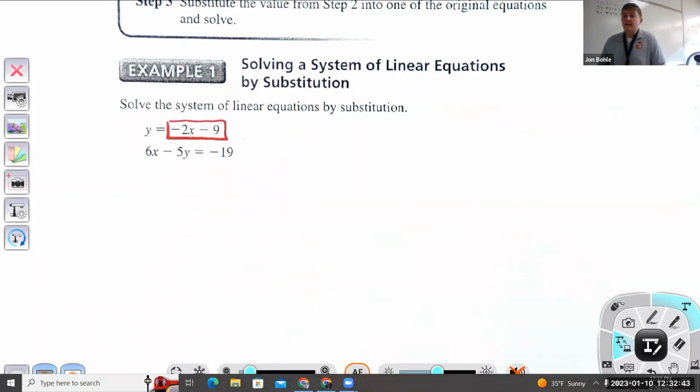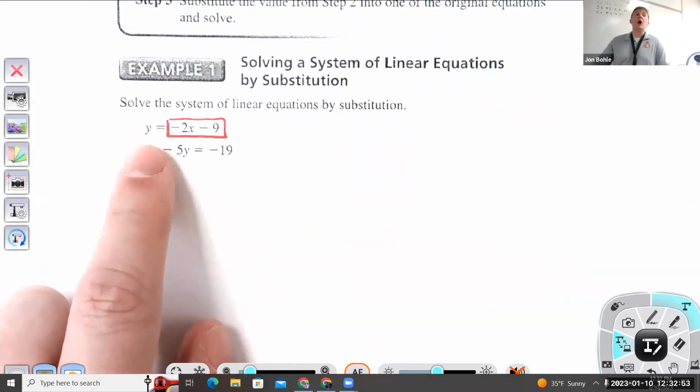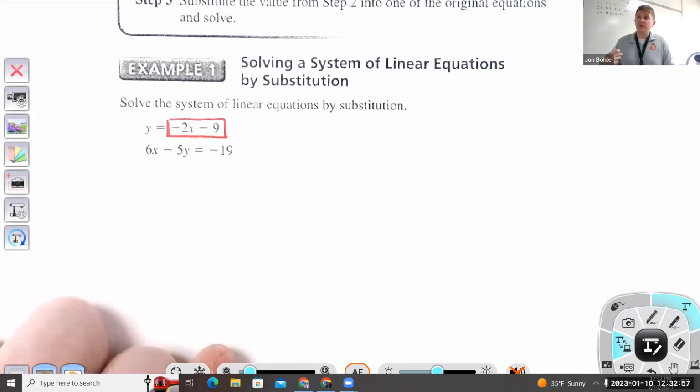And what variable is equal to that? It says y equals that. So in the other equation, what variable is going to get replaced? Not x.